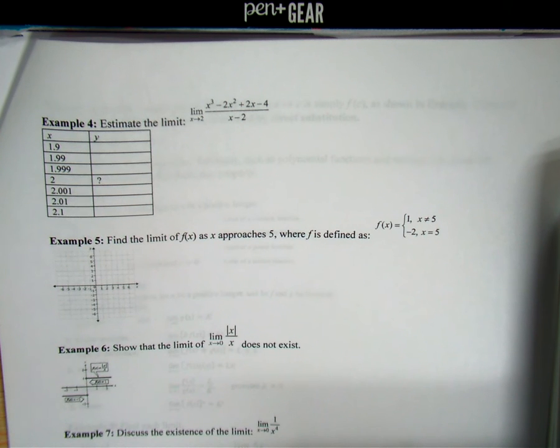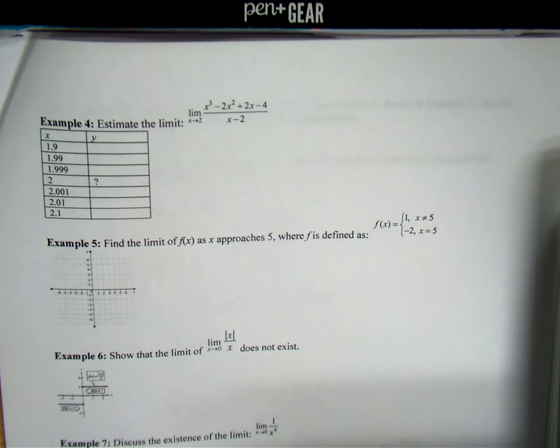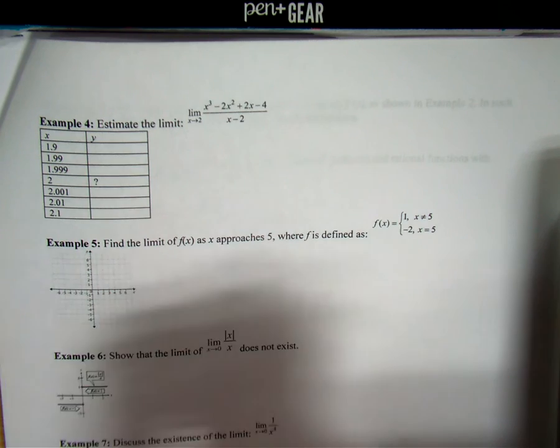When you get done, hit pause and put those in, and when you get done, push play again here, and we'll have an answer for you. Let's see how we did.